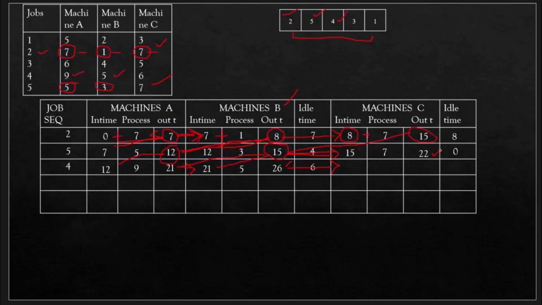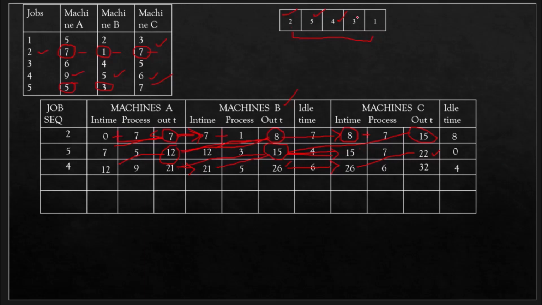So we immediately give an input at the 26th hour itself, and the processing time for the job on machine C is 6 hours. 26 plus 6 gives 32 hours. Again we want to cross check whether there is any idle time or not. So in time minus out time. So here we have idle time, and that idle time is 4 hours. So now we completed job 4 also.